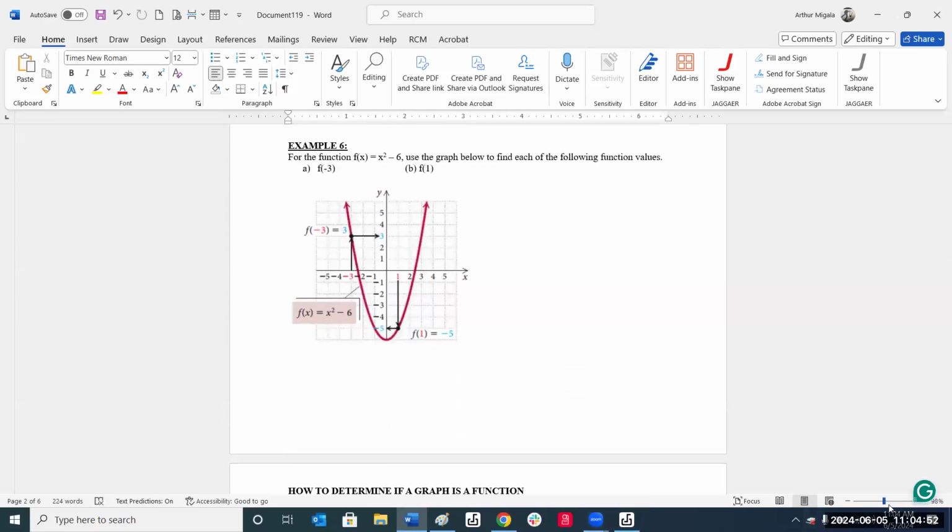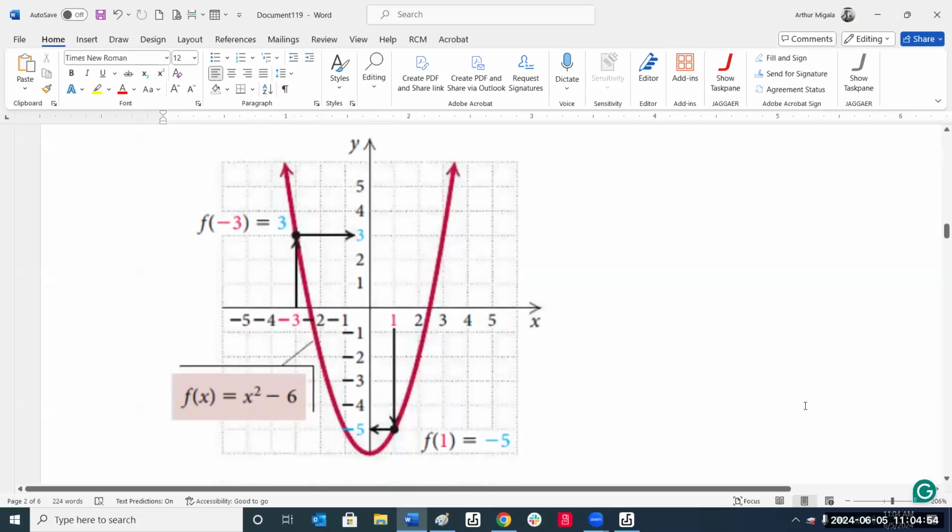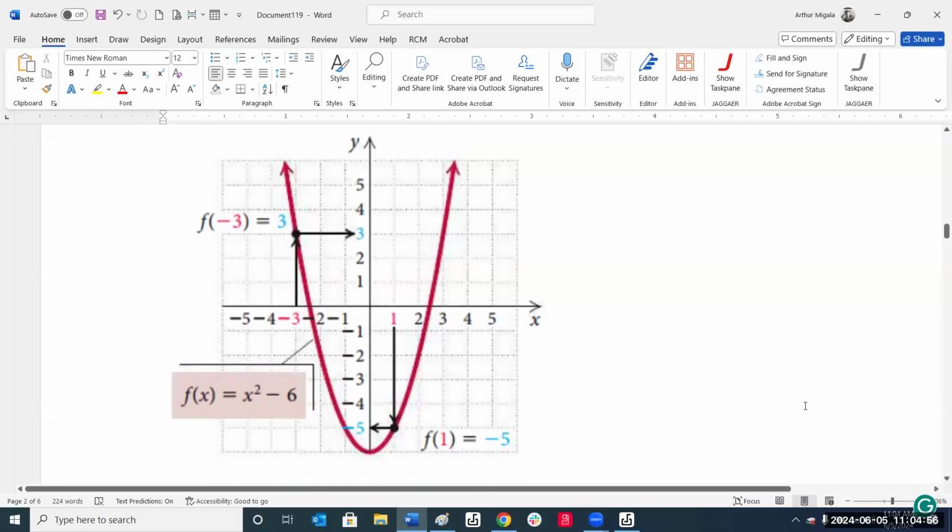Now, another way you can do it: if I give you a graph and I ask you to find f of -3, go to -3, go to the graph and see where the y value is. Same thing. f of 1, go to 1, go to where the graph is and see what the y value is, -5.